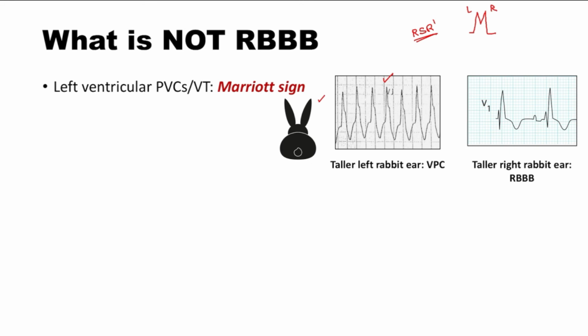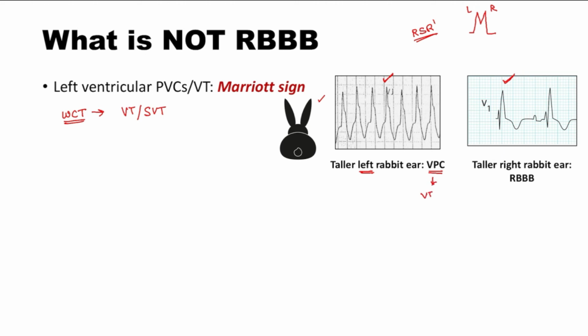Now, in these two ECGs in front of you, you can see that in the first one, the left rabbit ear is taller. In the right one, the right rabbit ear is taller. Especially when you have to approach a patient with wide complex tachycardia, and you have a doubt between ventricular tachycardia and a supraventricular tachycardia: if you see that the patient has got a tall left rabbit ear, it is suggestive of a ventricular premature complex pointing towards a ventricular tachycardia.